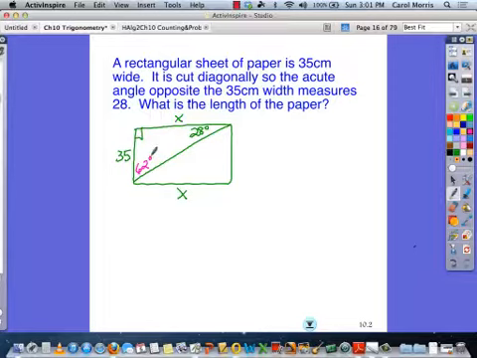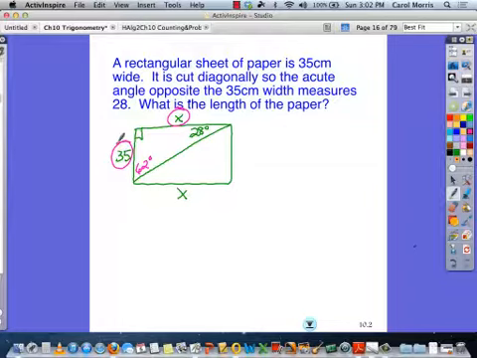Now if we know that, we can probably use our trig functions. And we don't know the cut that's diagonal, but we can work with just that x. That's all we need. So think about this. We got to have the x. The 62 looks good going with it. The 35 is the other edge we can use. So what is the x and the 35 either in relationship to the 28 or in relationship to the 62?